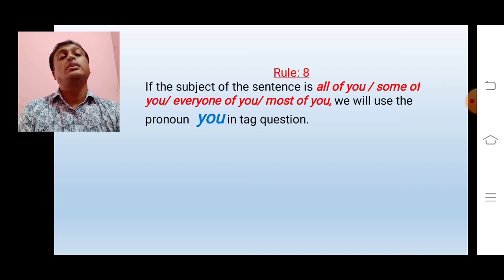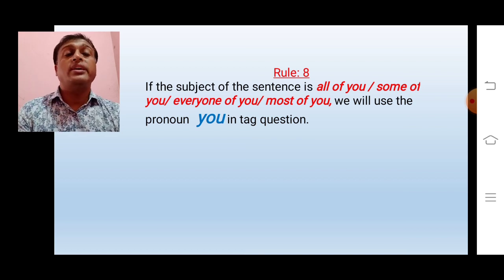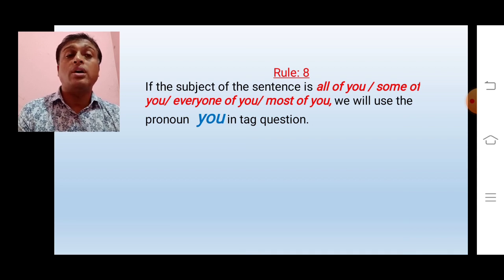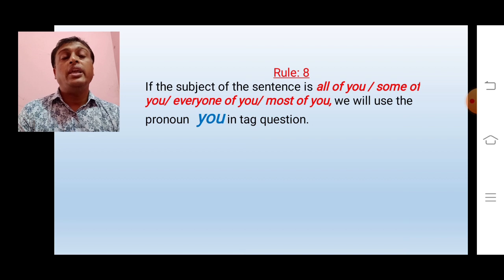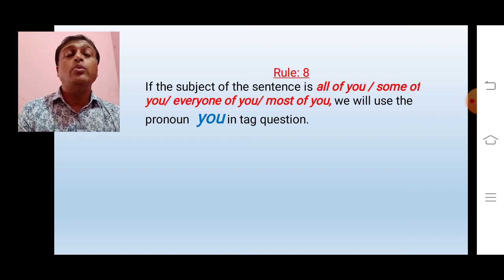Rule 8. If the subject of the sentence is all of you, some of you, every one of you, most of you, you will use the pronoun you in tag question. That means if you find such a word in a sentence, you will write the pronoun you in lieu of these words.